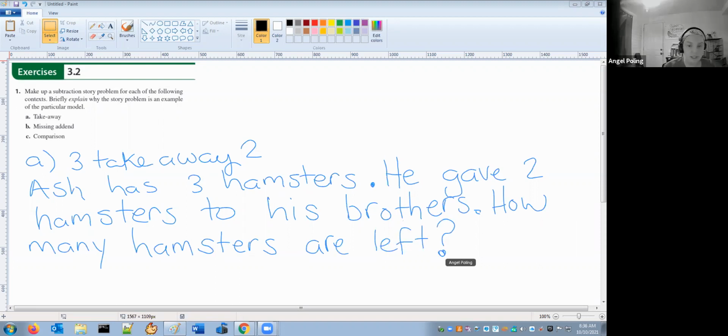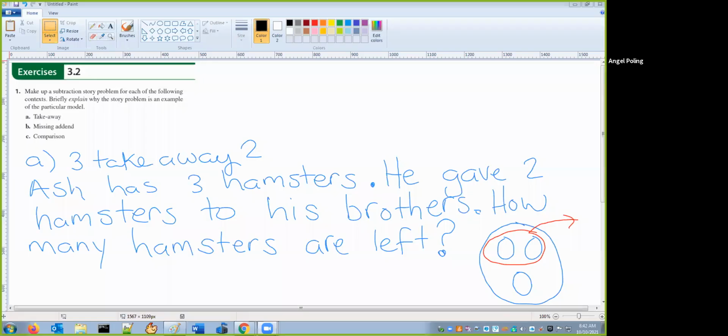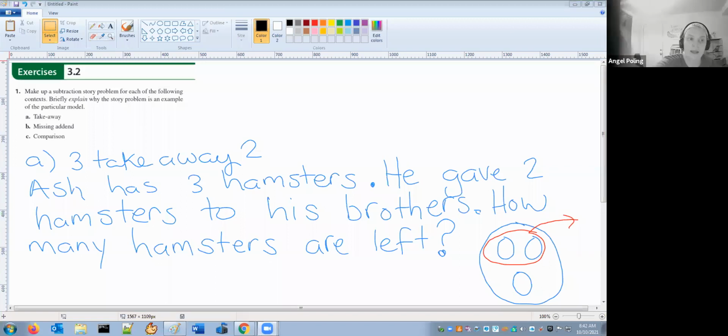And if we took a set model, right, and we had, for example, the 3 hamsters, what we also have then is 2 of those hamsters being taken away. Okay, so this is a takeaway set model.